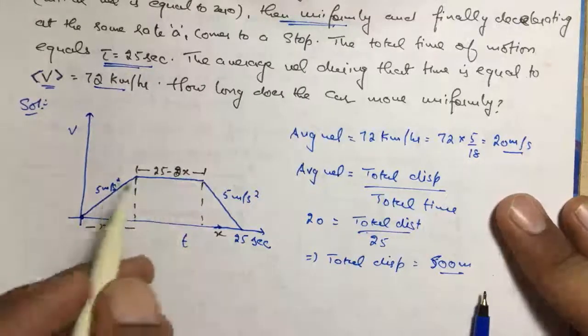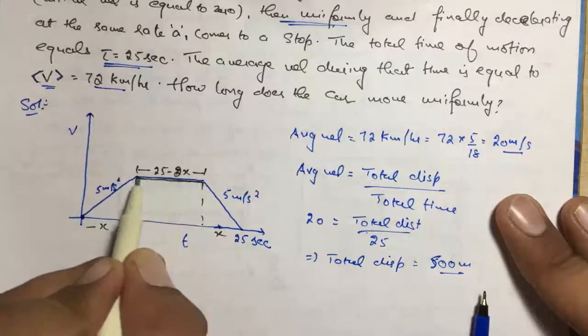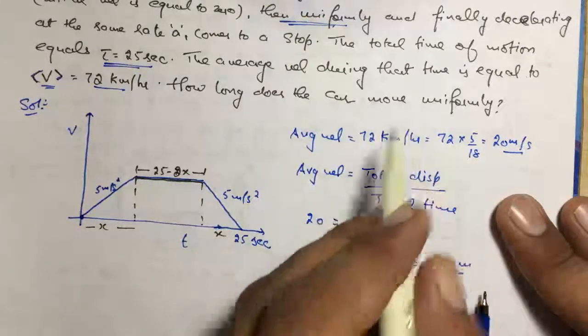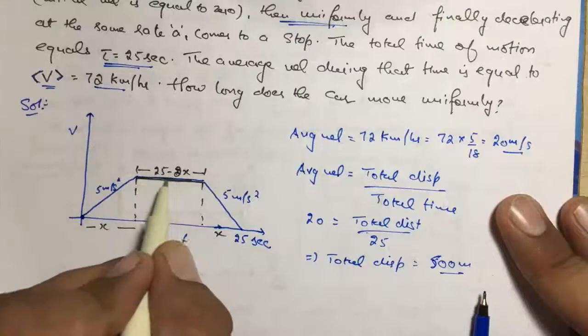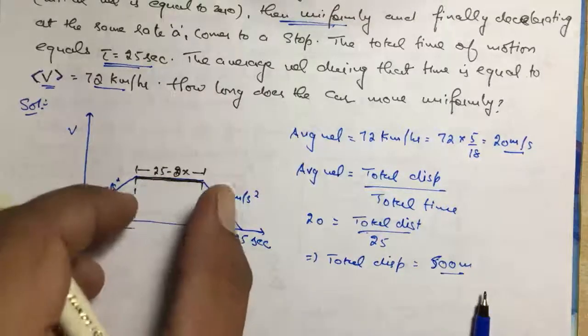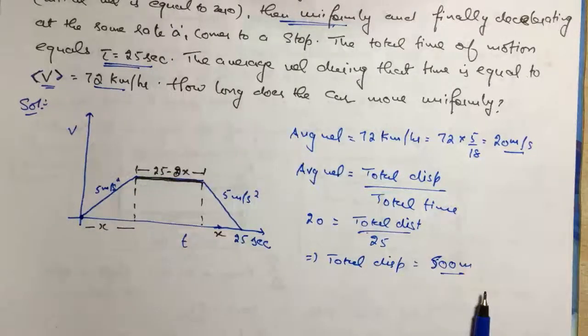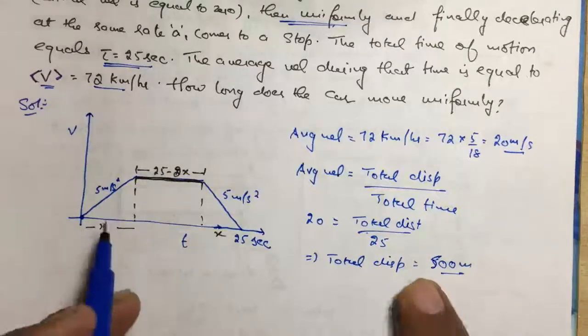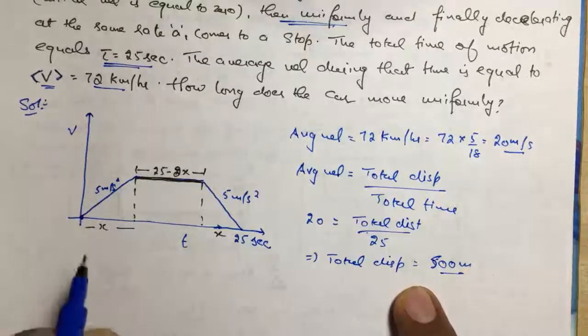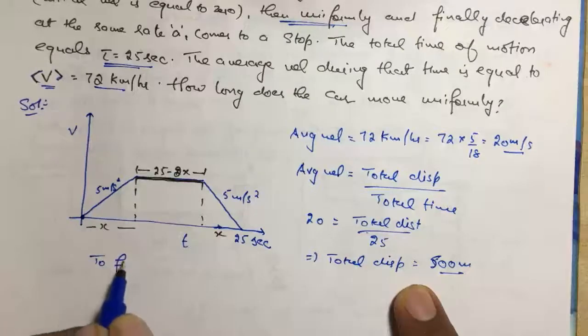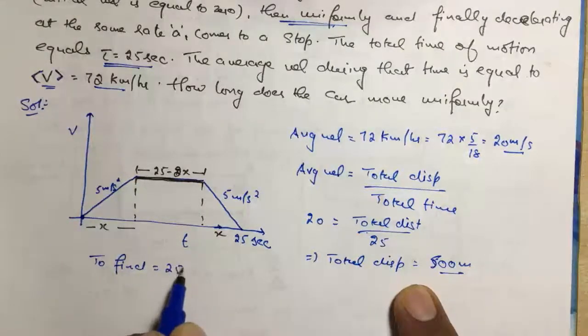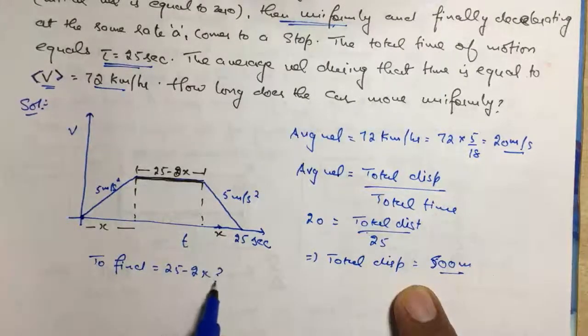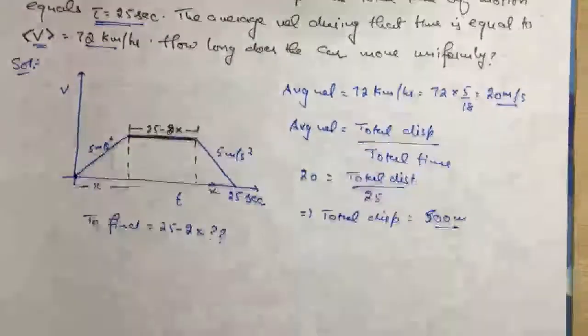This is the uniform velocity, and in the question they are asking me for the time for which the car moved uniformly. So this is the time I need to find. Okay, very simple. If we know this area, we can find this. So we have to find 25 minus 2x. This will be my answer if I know x.